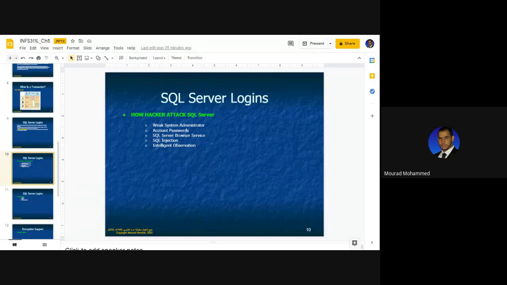The same way, if administrators use a weak authentication mechanism, for example a very easy password like 123 or 123456, this is a very weak authentication mechanism. Using those criteria, the default accounts or weakly authenticated accounts, hackers have the chance to attack SQL Server entities or instances.